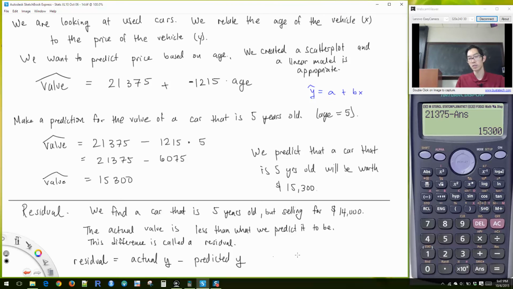So in our case, our residual is equal to 14,000 minus 15,300. We get negative 1,300.